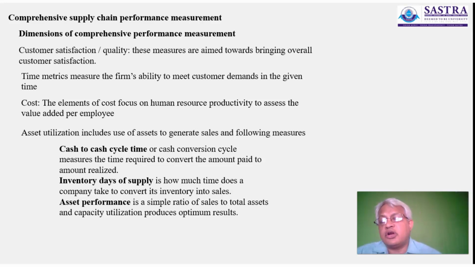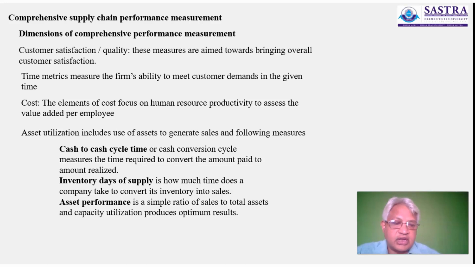The last one is asset utilization, which has different measures of outcomes. The first one is cash to cash cycle time. This is also known as cash conversion cycle. So what does a cash conversion cycle mean? It measures the time required to convert the amount paid to the amount realized.